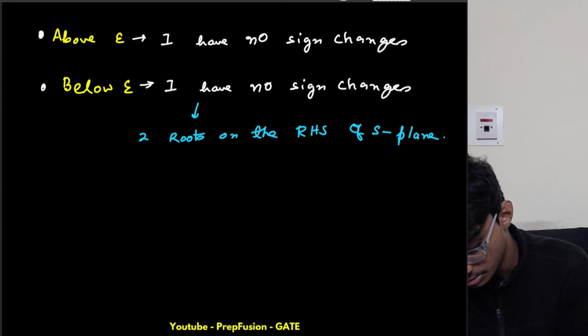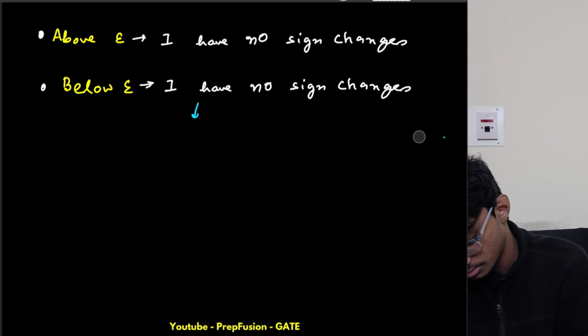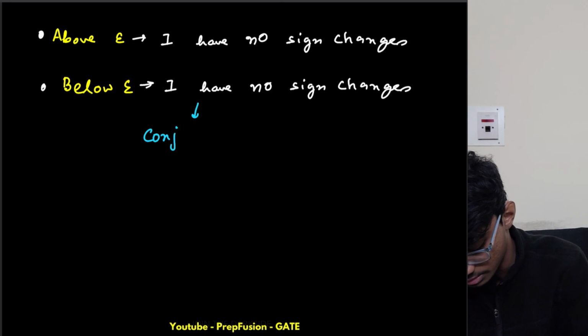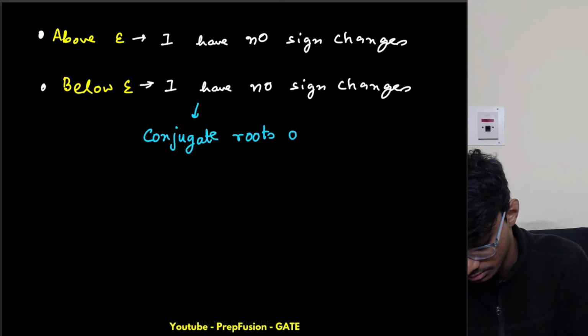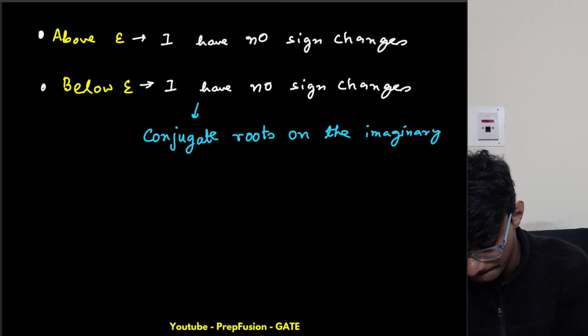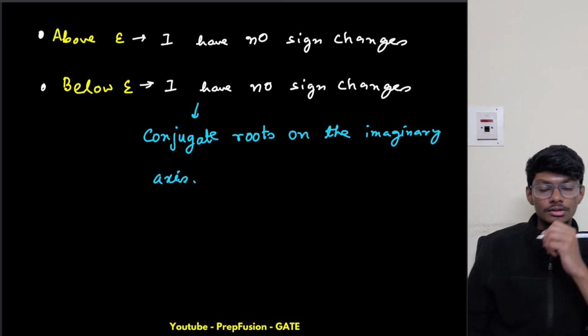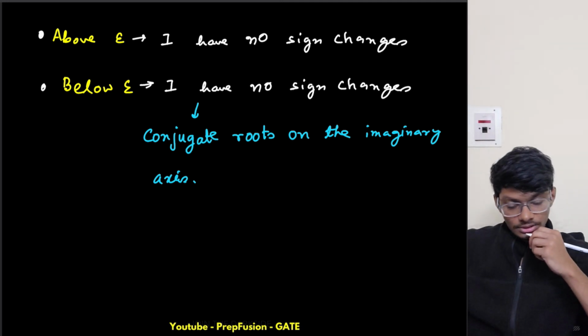So I will have complex conjugate roots on the imaginary axis. Okay, conjugate roots on the imaginary axis basically. So yeah, this is basically what this is.